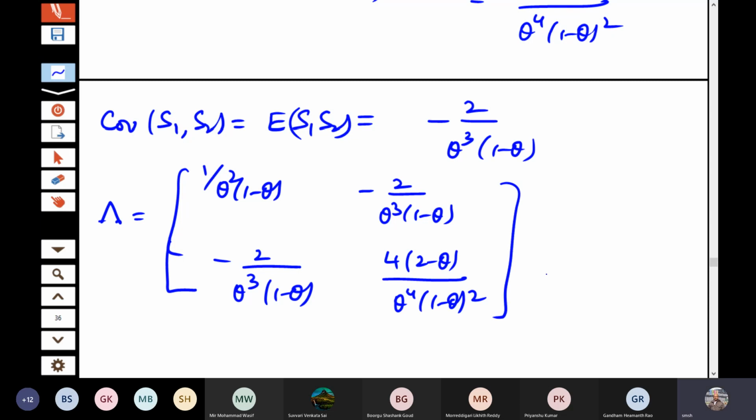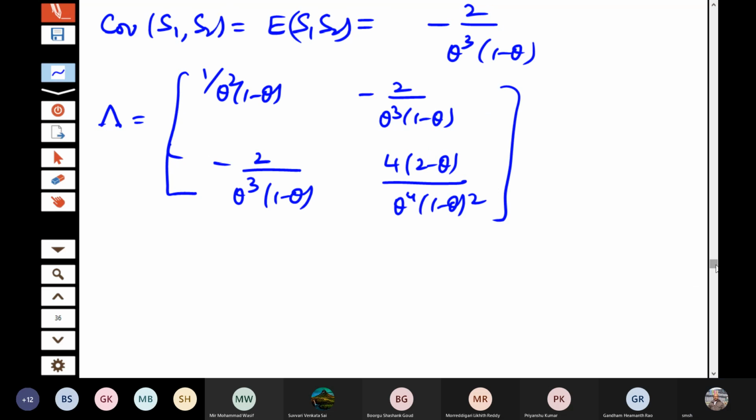Since it is a 2 by 2 matrix, the inverse is obvious. Because you will need the determinant of lambda, because I can interchange these terms and put minus there and divide by the determinant. So that is 4 by theta to the power 6 into (1 minus theta) cube.